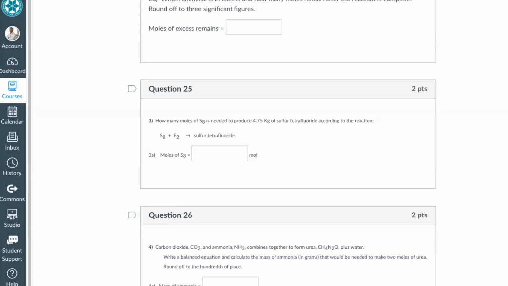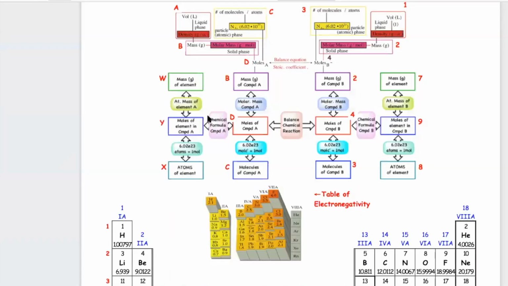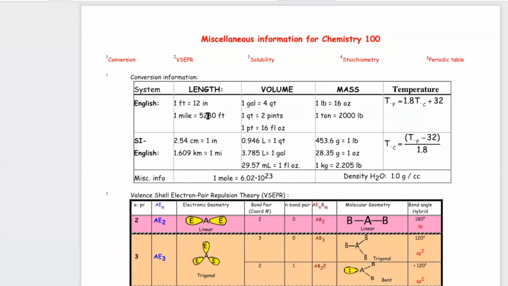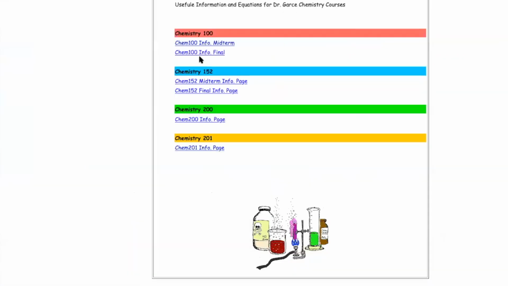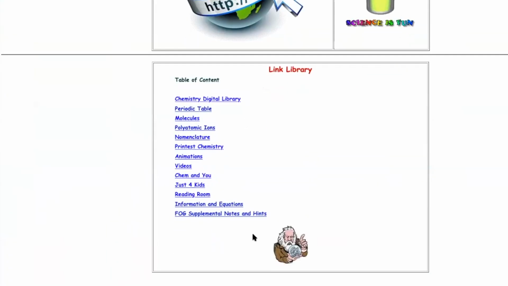Okay, make sure again that you download this sheet right here, the equation page, because it's very useful. That way you're not searching everywhere in your book. And that page is found right here under FOG links on my web page. You go there and then you click on information and equation.